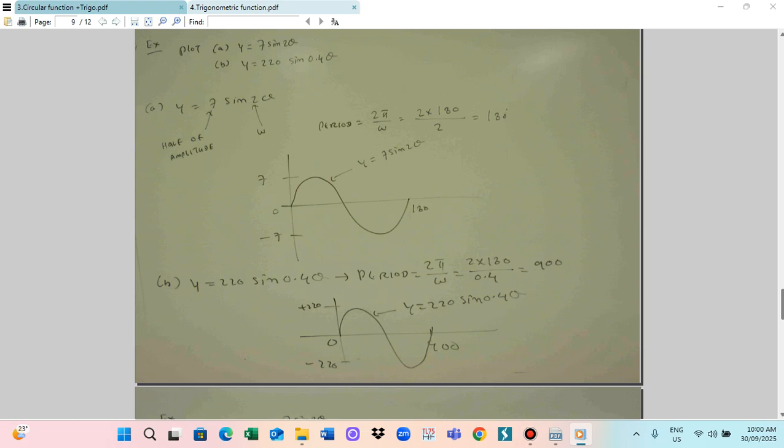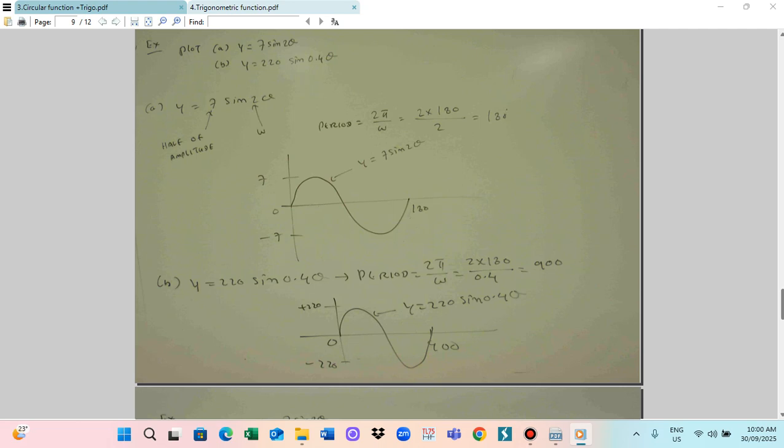The period we can calculate is equal to 2 pi by omega. So in this case, 2 pi, 2 multiplied by 180 divided by 2, so you have 180 degrees. The period is 180 degrees, which means this graph starts from 0 and completes one cycle at 180.